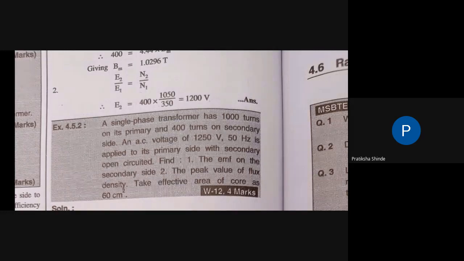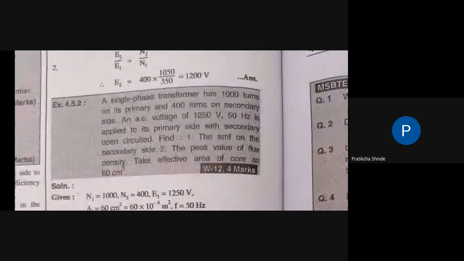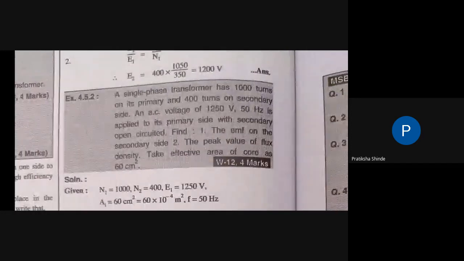First of all, write down the given values. N1 is 1000, N2 is 400, E1 is 1250 volt. Cross sectional area is given, that is 60 centimeter square.